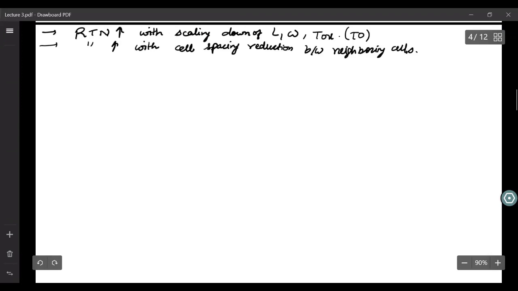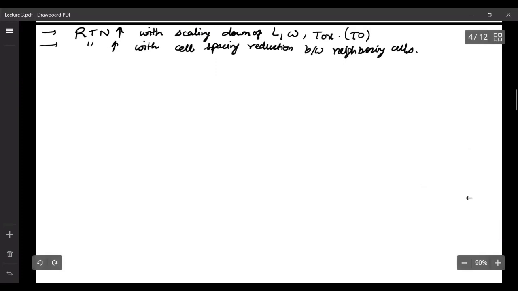So this RTN is one of the factors which leads to threshold voltage widening, and there can be a situation where the program threshold voltage distribution and the erased threshold voltage distribution tails overlap, and as such you won't be able to figure out whether your device is in the programmed state or the erased state. So that is, I would say, very detrimental for the cell operation.